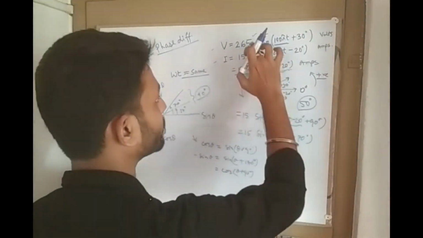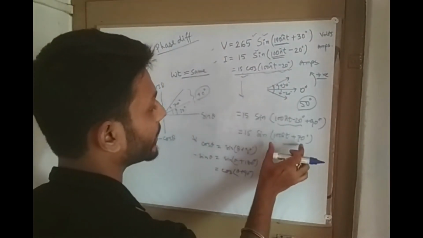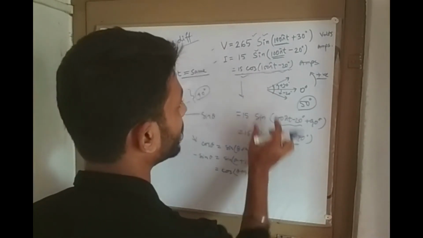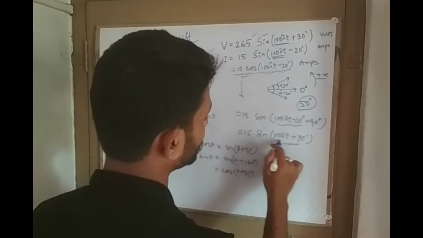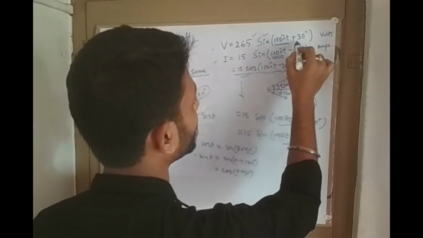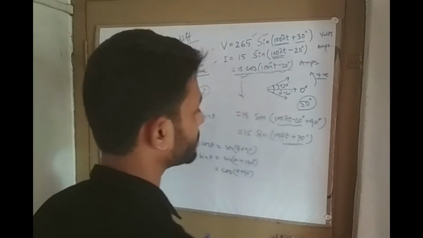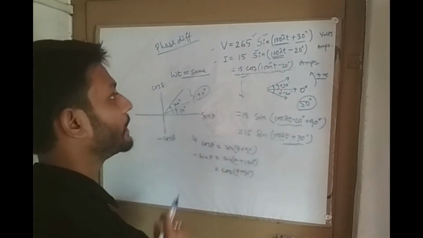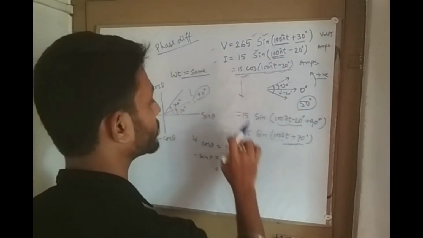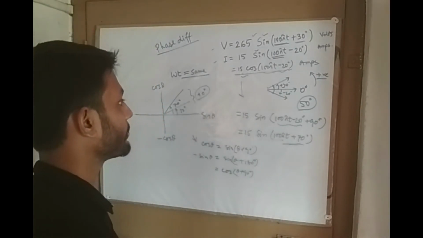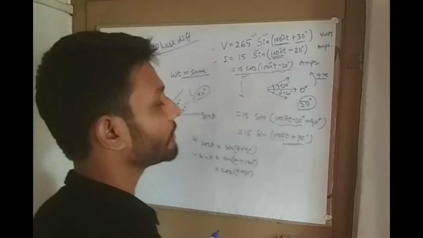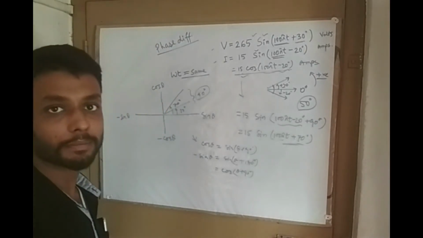When both are equal, we will be able to compare: sine omega t here, also sine omega t there, but the phase phi value is plus 30 degree here and plus 70 degree there. Then it would be easy to compare both signals. Okay, in this way you can find the phase difference value very easily.